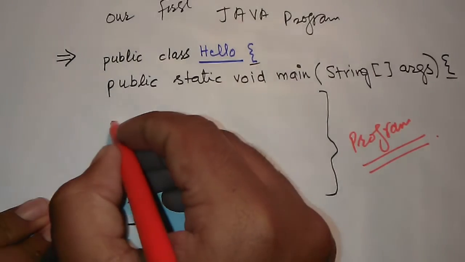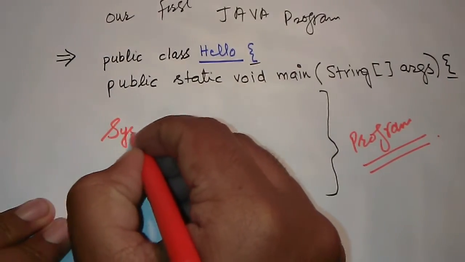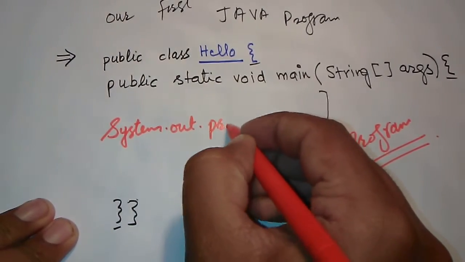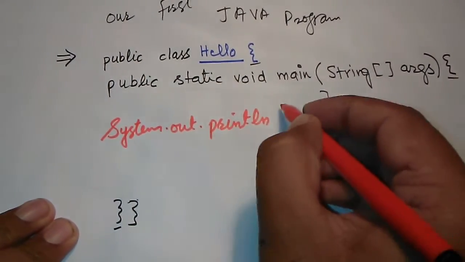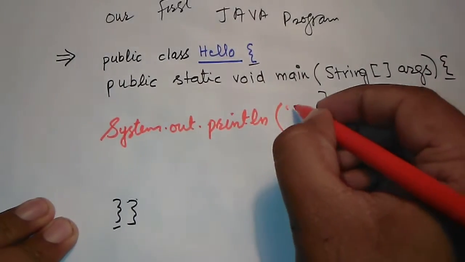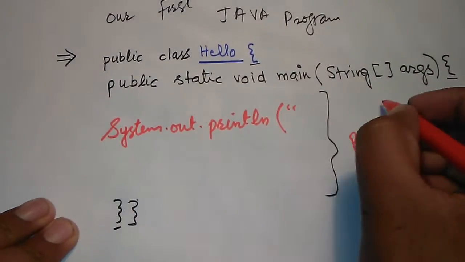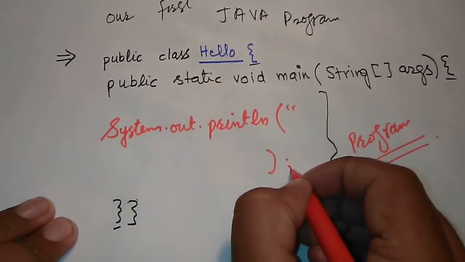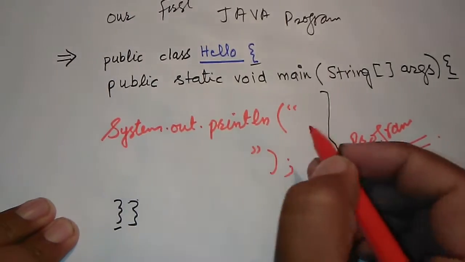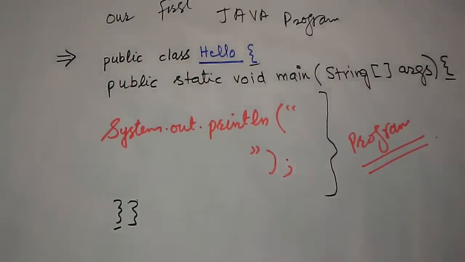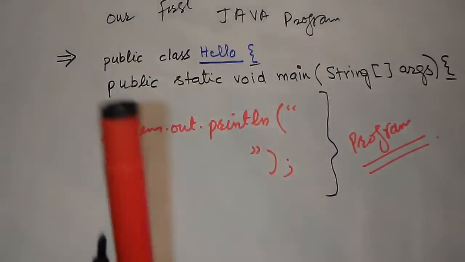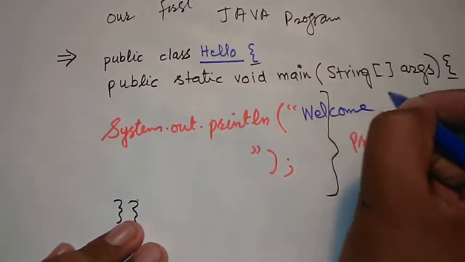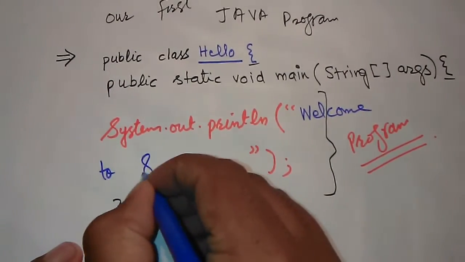For example, I am using a very basic statement of Java, System.out.println, and here I am writing code. I can write anything in between these quotes, and I have to close them. For example, I am writing here hello and welcome to skills.